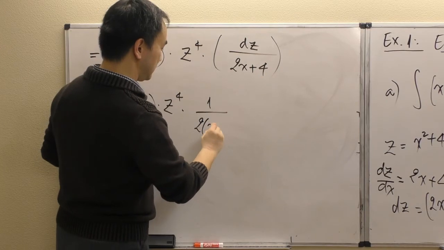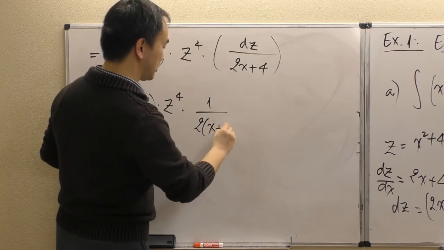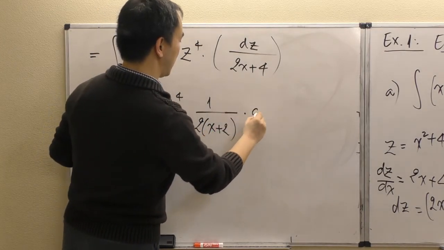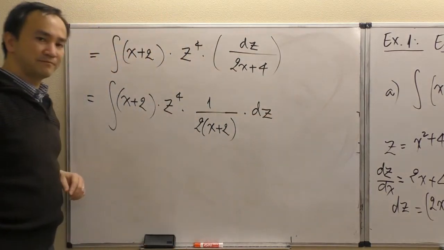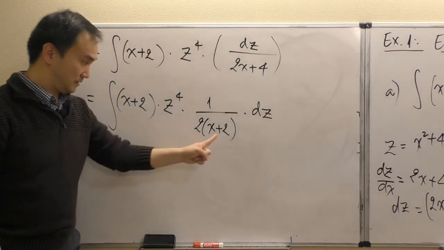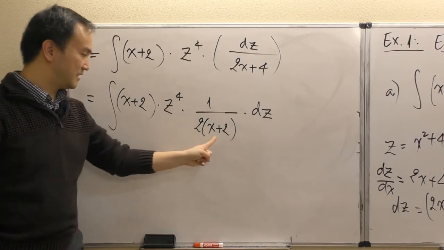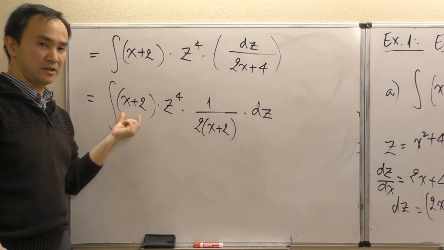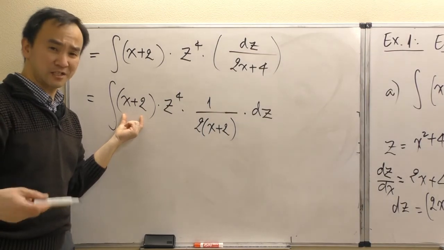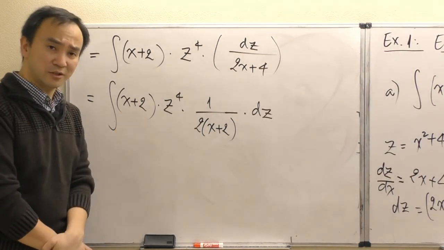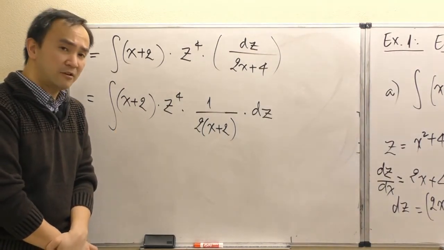So how about 2 factored out and x plus 2 in parentheses, and then multiply with dz being a separate factor. But now that helped me recognize that the x plus 2 here can be cancelled. Instead of searching for another substitution for that, we can cancel it away. Then it's going to be out of our expression.